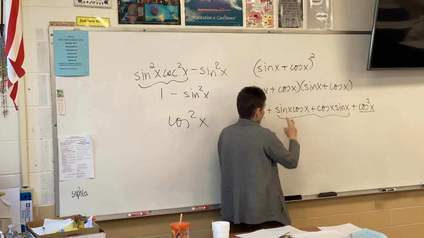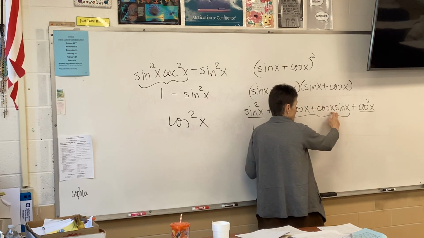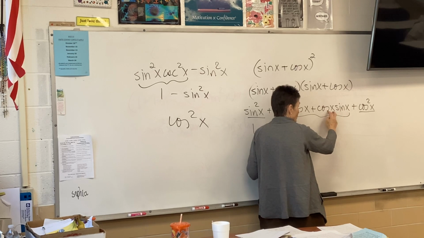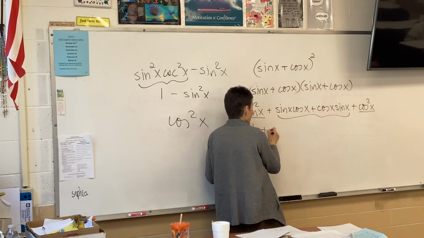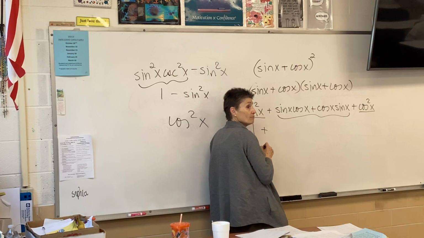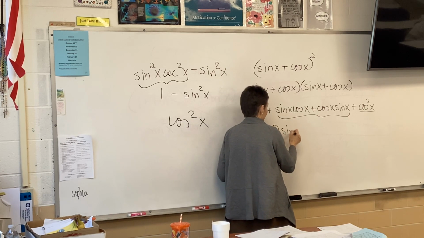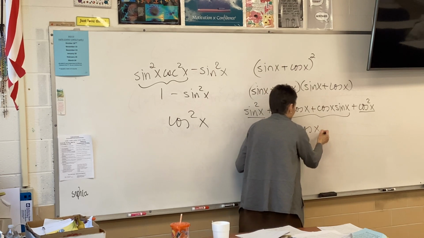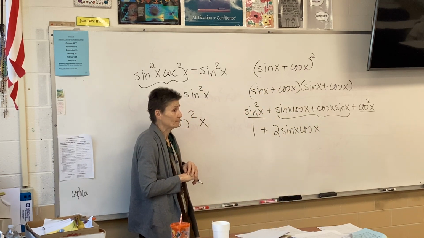Now remember, this is a multiplication, sine times cosine. This is a multiplication, sine times cosine. Aren't these like terms? So you've got one of them here and one of them here. So when I add them together, I'll have 2 of them. And we are finished. That's all you can do with that guy.